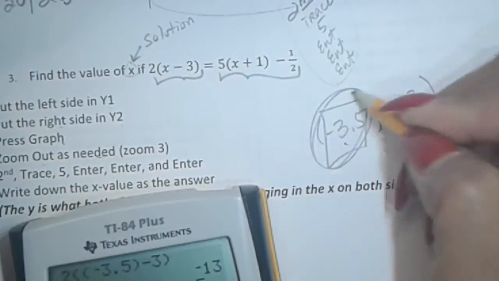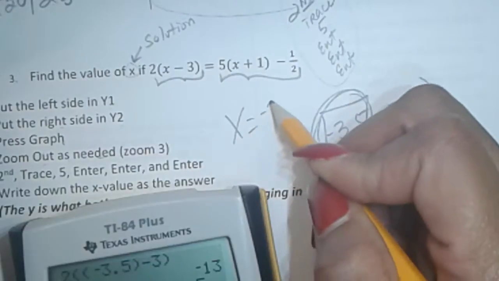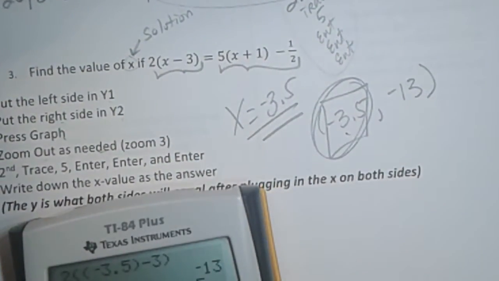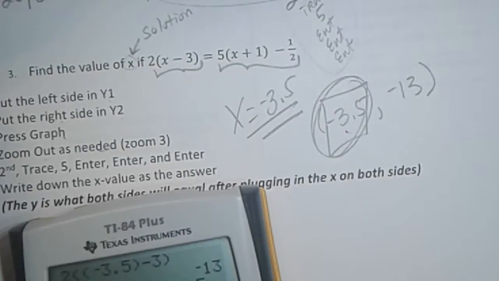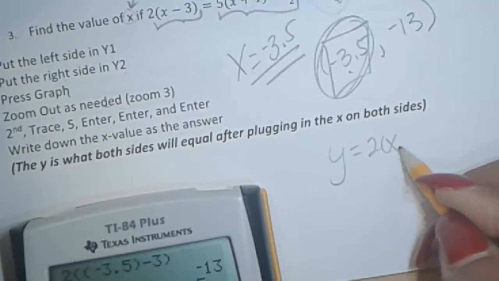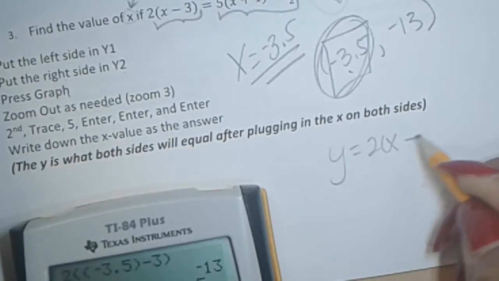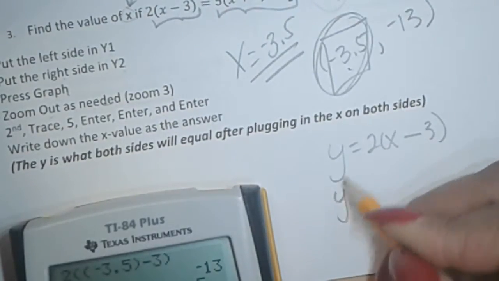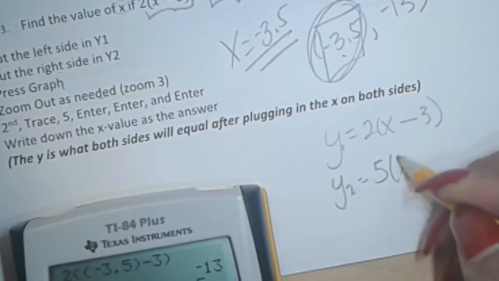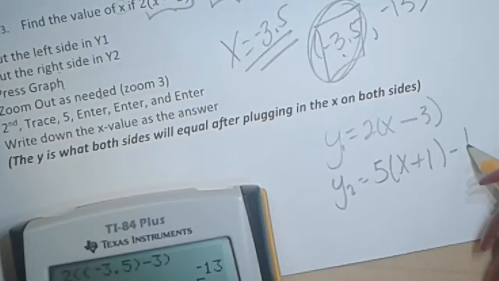So I have to circle this, and I would only write x equals negative 3.5. But if I was talking about a system, this problem would be written as such. Y equals 2 parentheses x minus 3. And that's y1. Y2 would be 5 parentheses x plus 1 minus 1/2.